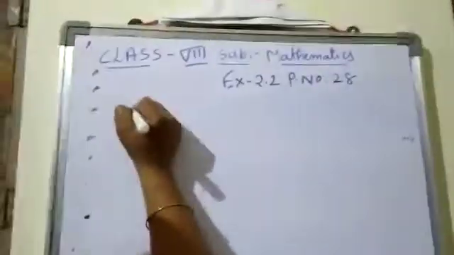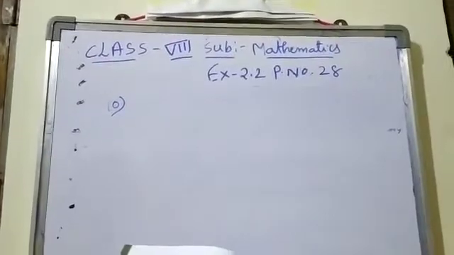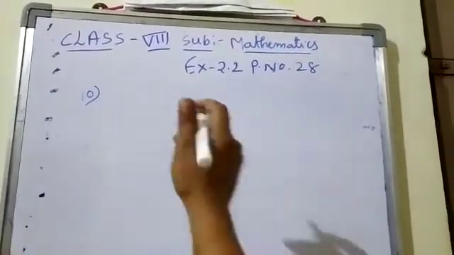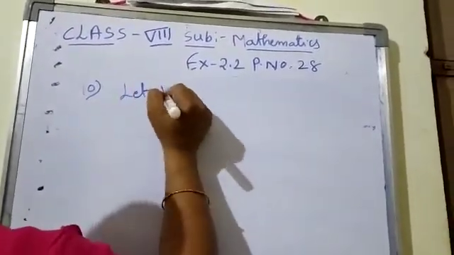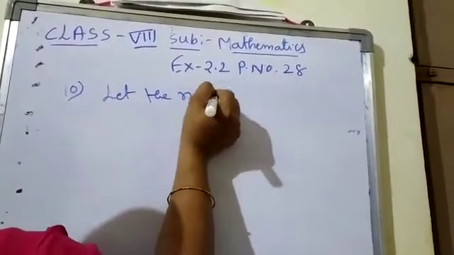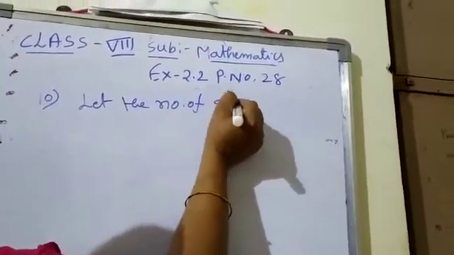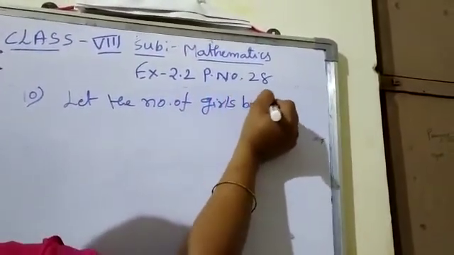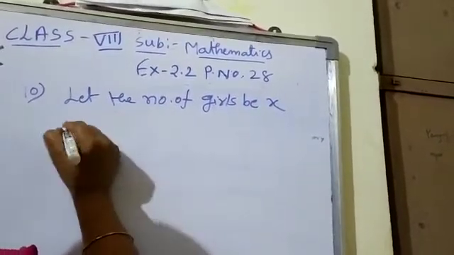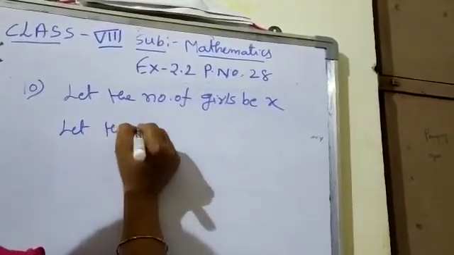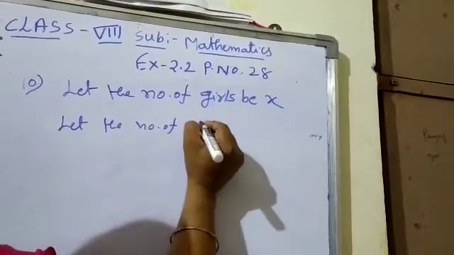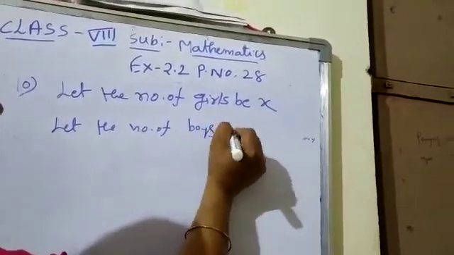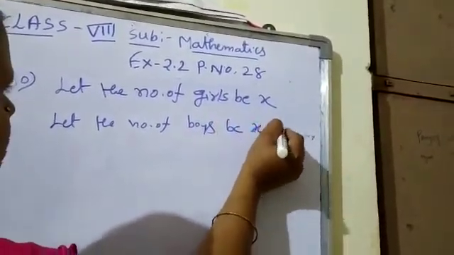Now see 10th one. Let the number of girls be x. So let the number of boys be 8 more than the number of girls.